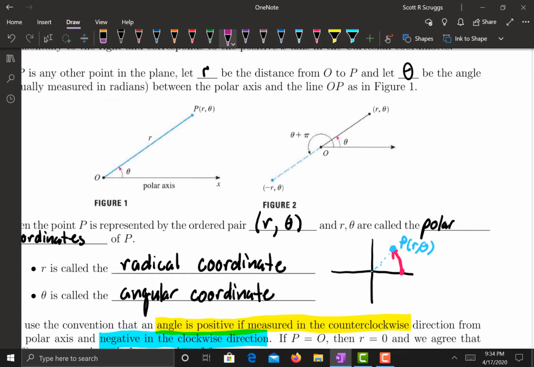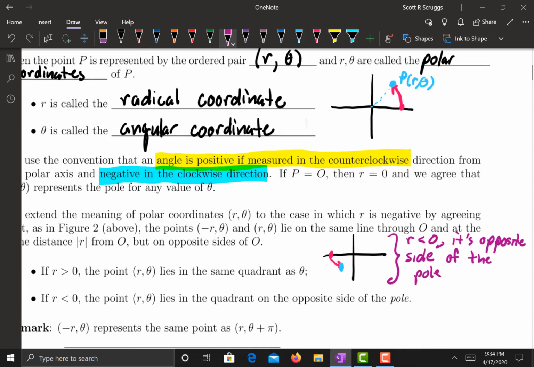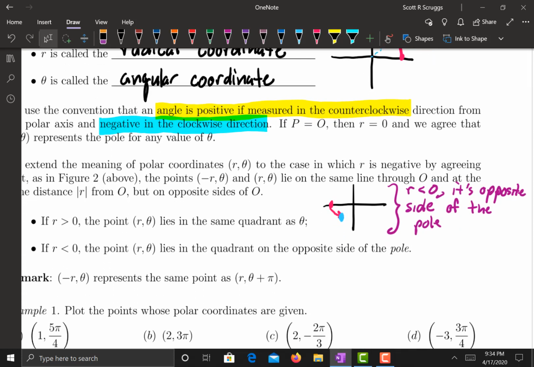If I say that my radial coordinate is negative, I essentially flip this over 180 degrees from that. So my convention is, if the radial coordinate is positive, the point's going to lie in the same quadrant as the angle.